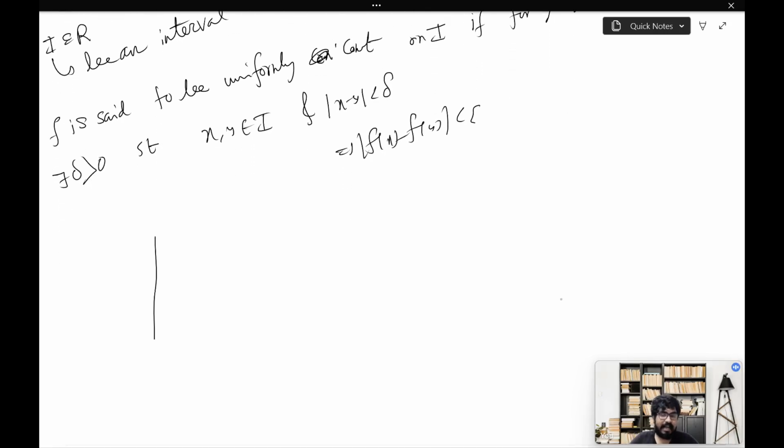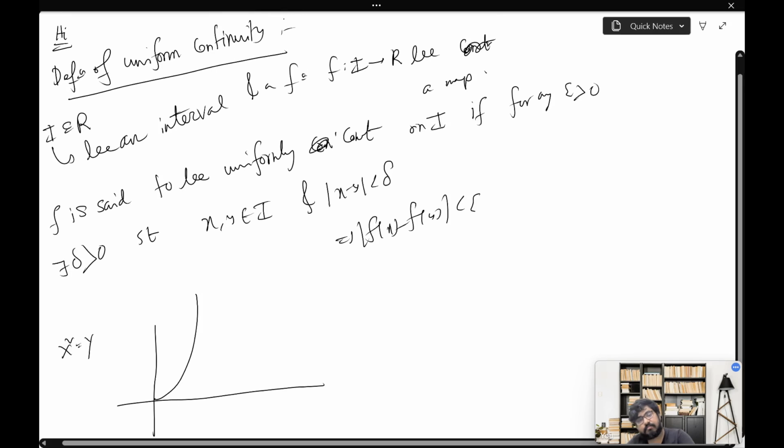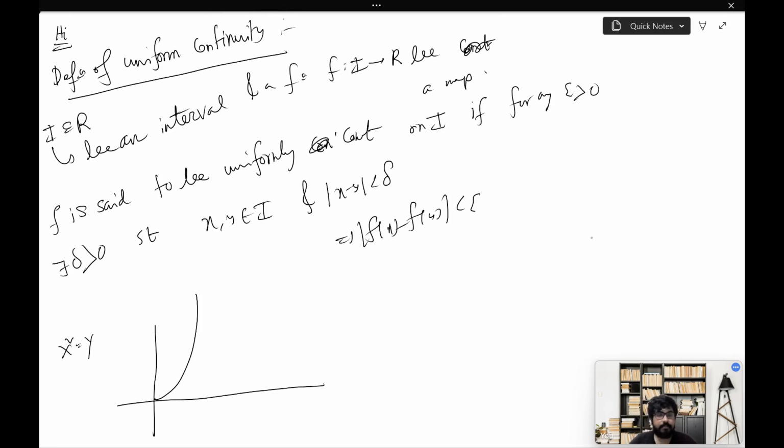Suppose, for example, choose y equal to x square, this curve. By definition, it tells that for any epsilon, we can find a delta such that any two points having distance less than delta, the distance between f(x) and f(y) is less than epsilon.